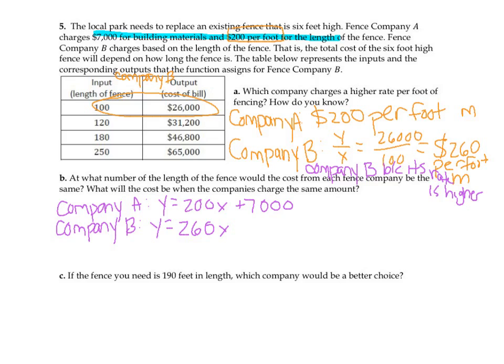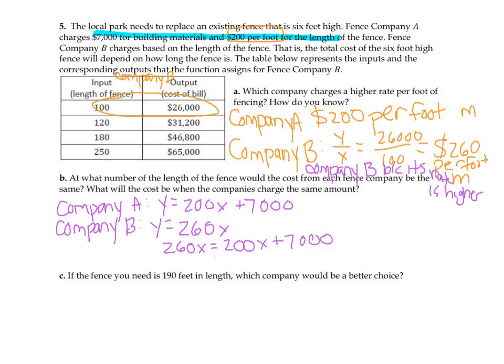So now since it's asking at what length of the fence would the cost from each fence company be the same, all we have to do is set these two equations equal to each other, because our two equations represent the cost of the fence.